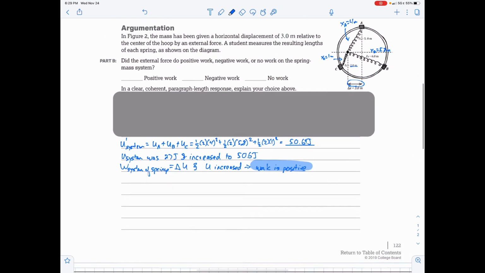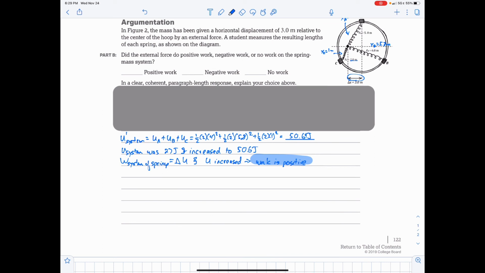Okay, now that we took some time, it's always good before you write your paragraph length response to take some time to either calculate your way through it, use various equations and symbols to work your way through the brainstorming, okay? And then you can have something very coherent to write about.